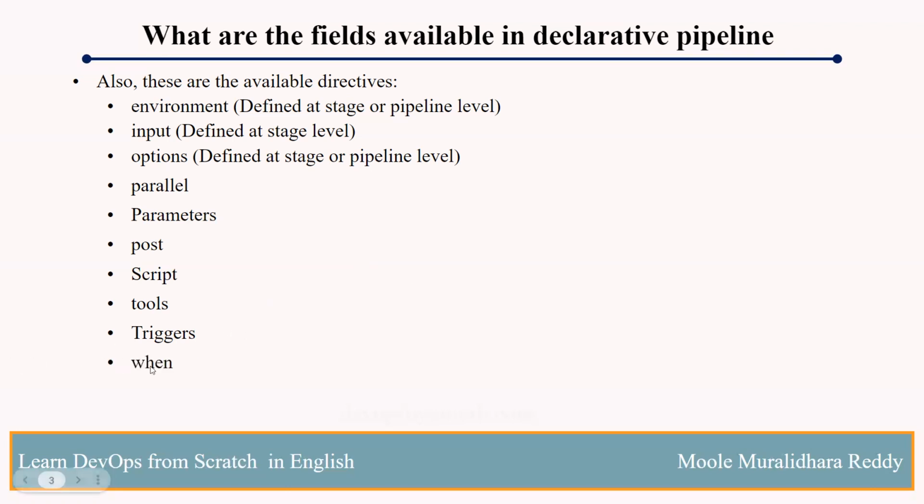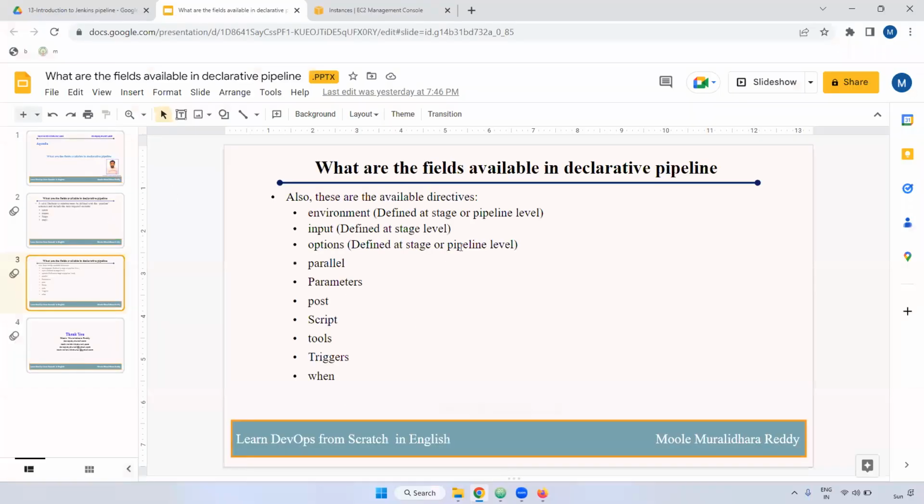We can also use the when condition. If the particular condition is satisfied, if you want to run the particular stage or the particular task, we can use the when condition. Okay, I hope you understand. These are the major options available inside the declarative pipeline. We can use all these options to implement our Jenkins pipeline.